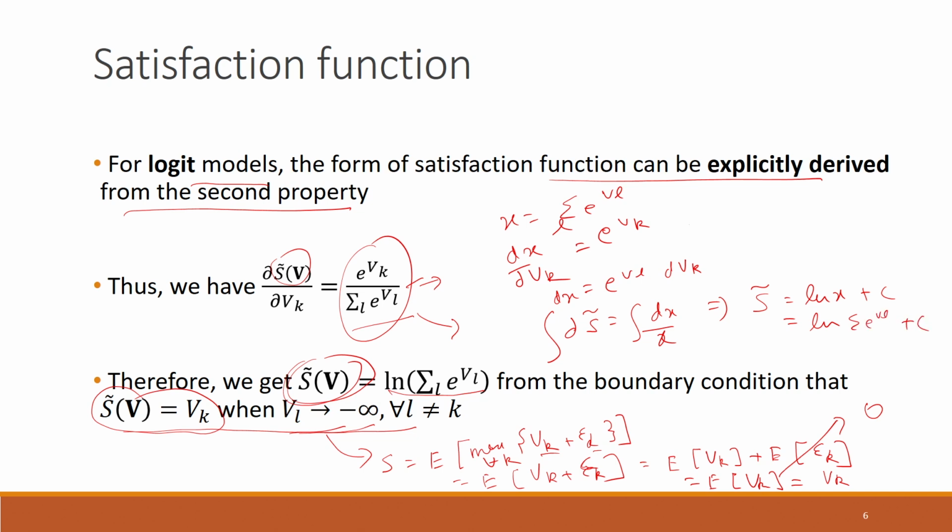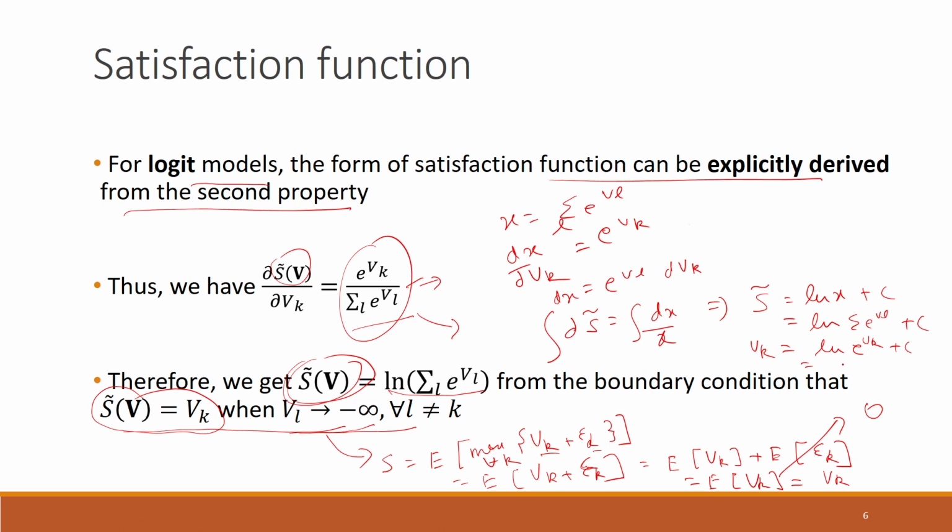Now, we can apply the boundary condition that S is equal to Vk when Vl goes to minus infinity for all the other alternatives. In that case, S is equal to Vk, and if Vl is going to minus infinity for the other alternatives, we will have ln of just e to the power Vk here, because all the other terms e to the power Vl, for l not equal to k, will be equal to 0, plus constant.